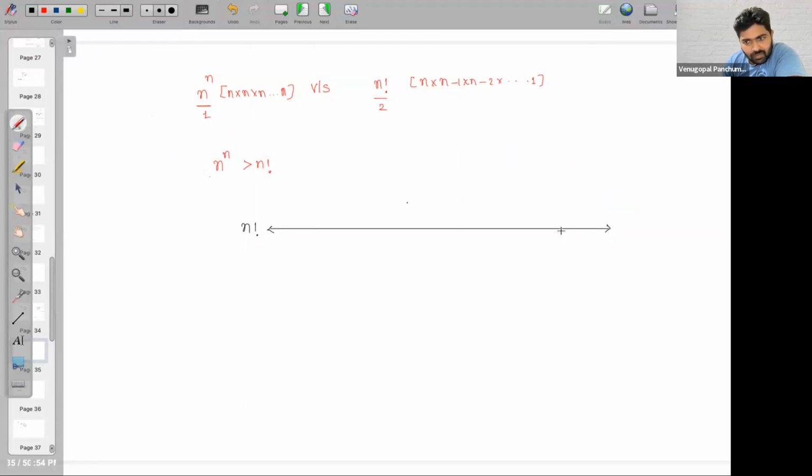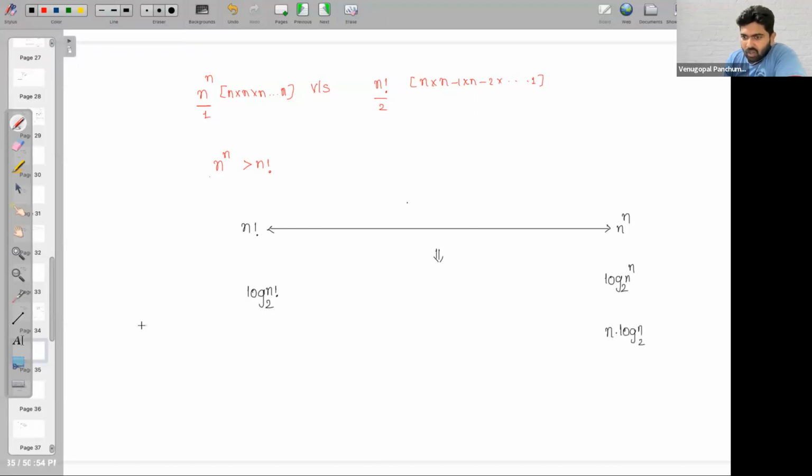Now let's apply log. If you apply log, this is log of n factorial and this is log of n power n. Now from the properties, this I can write as n into log n.